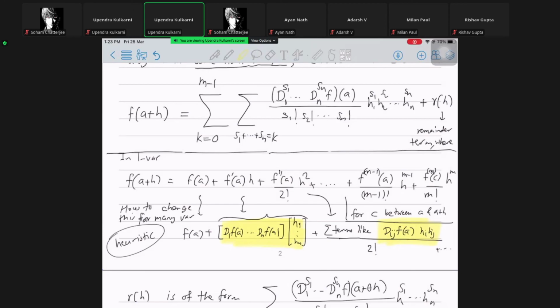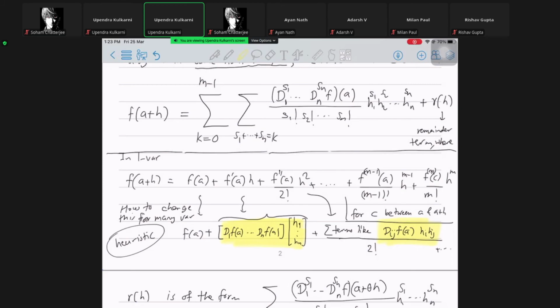For each one of these, I have to calculate the first order correction, and that will just be the directional derivative times the distance that I have gone. This is exactly like the physics analogy, if you will. Now I'm trying to calculate the second order corrections.